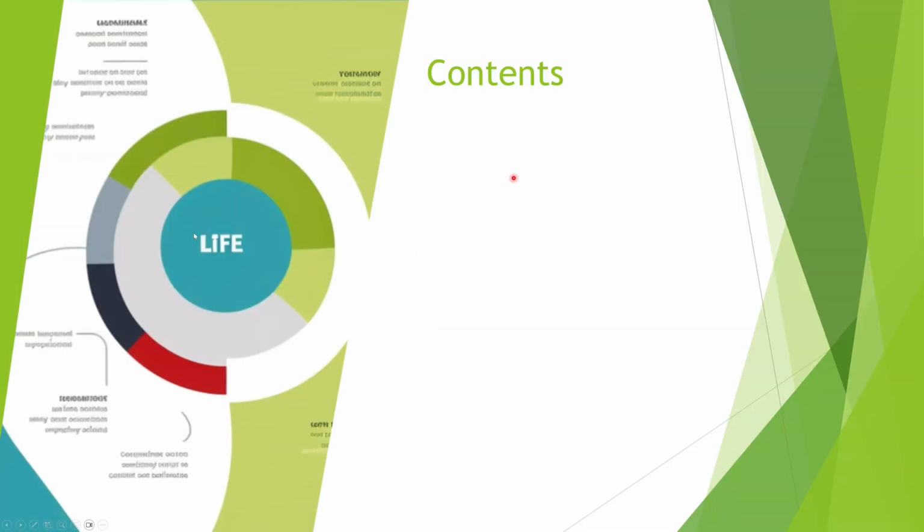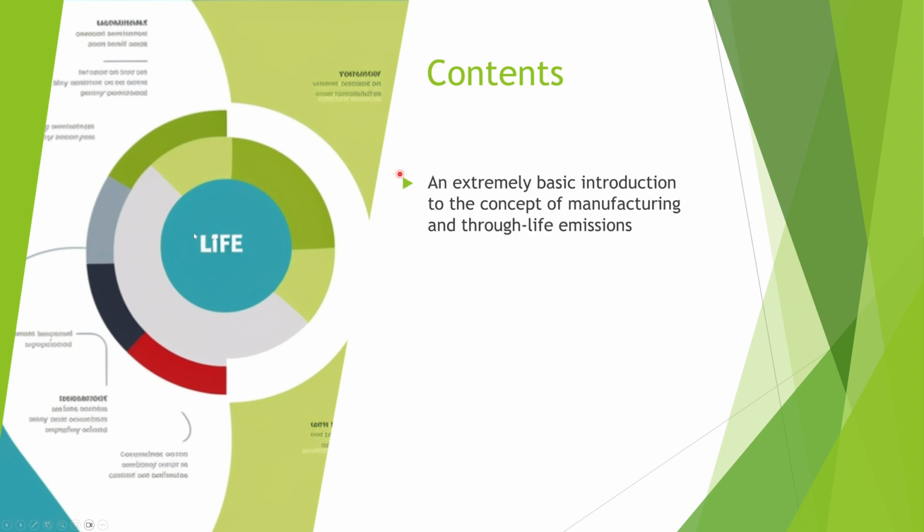First of all, what are we going to talk about? We're going to look at a very basic introduction to the concept of manufacturing and through life emissions. So my premise through this talk is going to be that we are going to make a choice as to which product to buy or use based on its total through life emissions, nothing else.